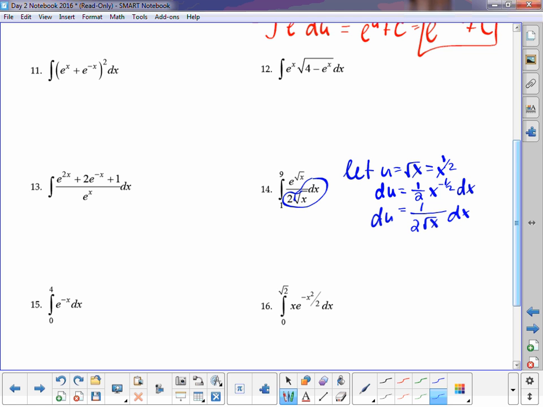What else do I need to do, though, before I continue? Change our bounds. All right, so go ahead and try number 14 there. Keep in mind you need to change your bounds, see what you get.